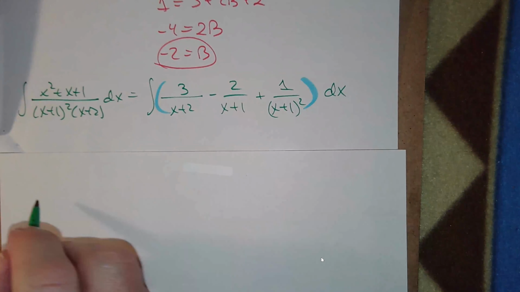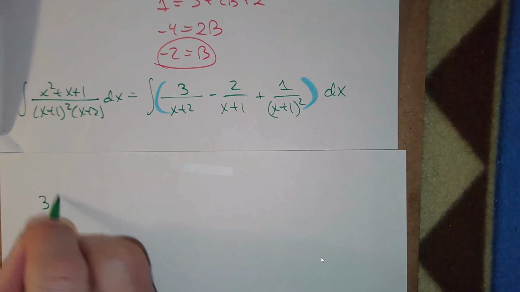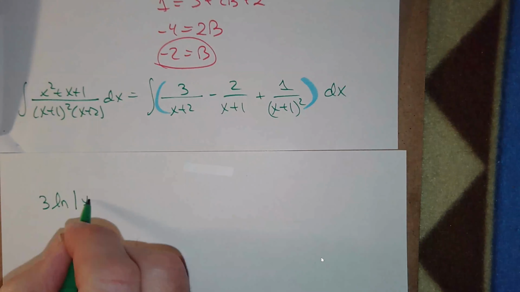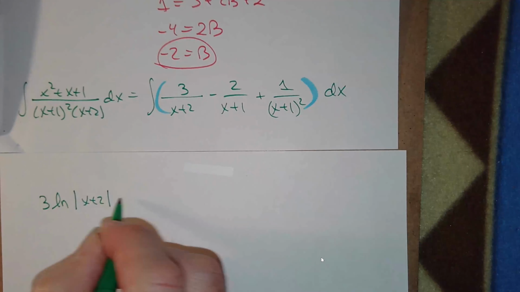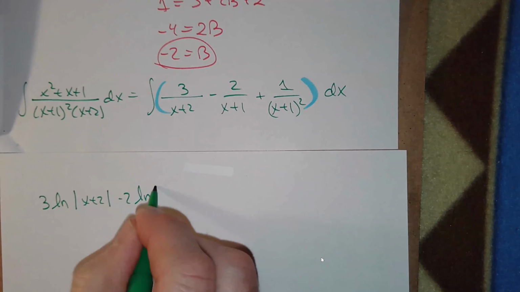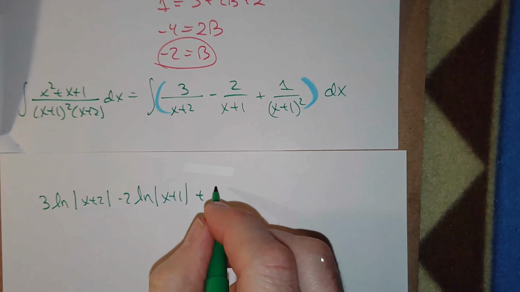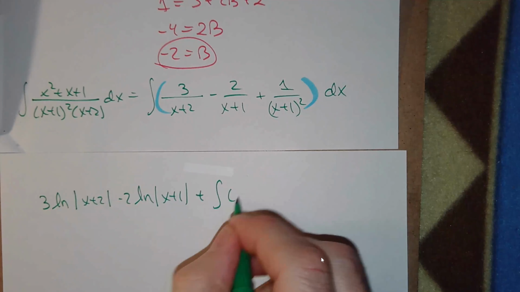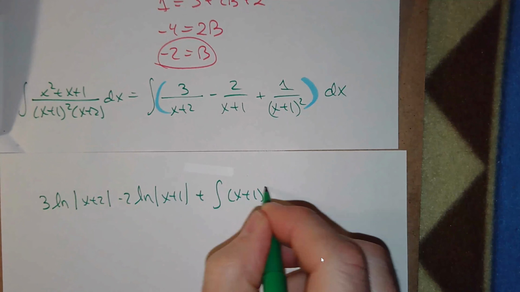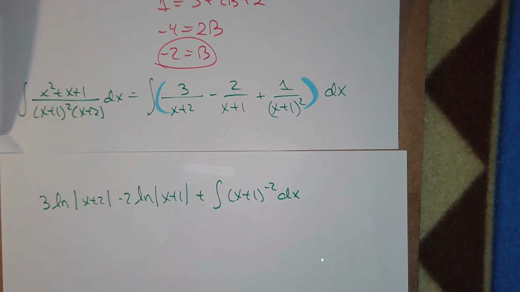Let's see, that's going to be 3 times the natural log of x plus 2 minus 2 times the natural log of x plus 1 plus the integral of (x plus 1) to the negative second dx.